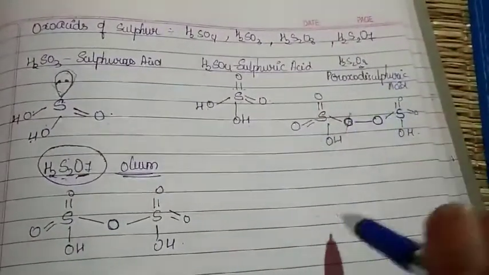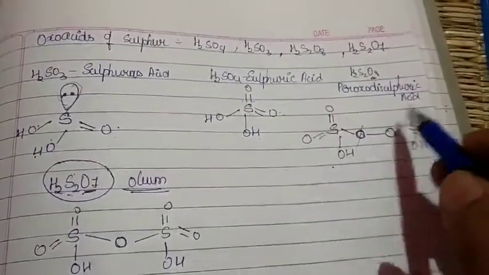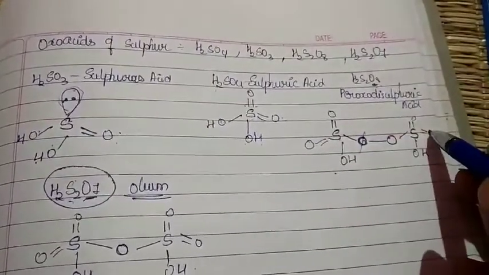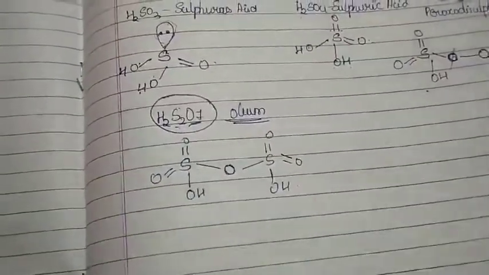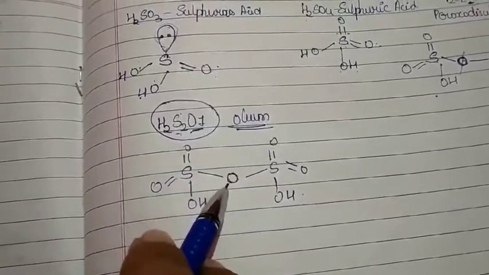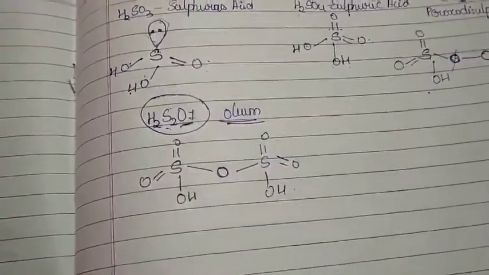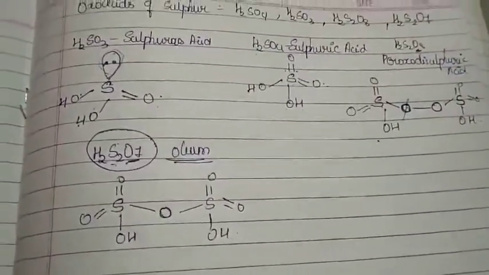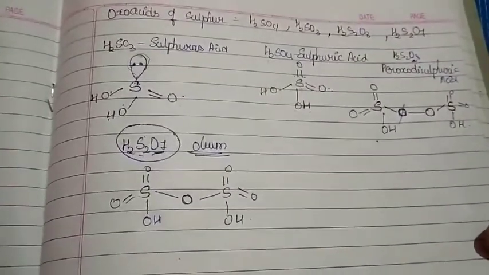Coming to peroxodisulfuric acid, you have two double bond O in one part, or in total four double bond O, two OH and two bridged oxygens. Coming to oleum, you have just one bridging oxygen, four double bond O and two OH. Is that clear? This is the only topic of oxo acids of sulfur. Only this much is included as per your syllabus.